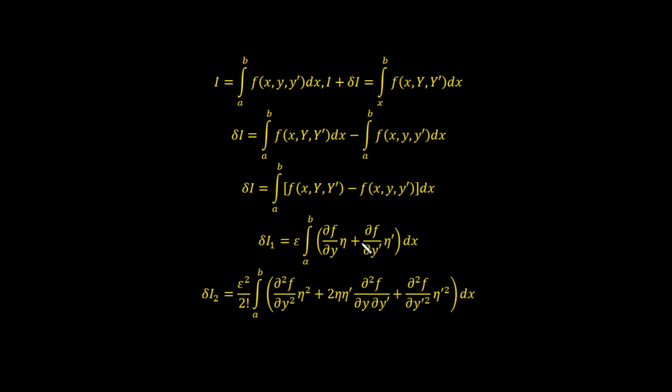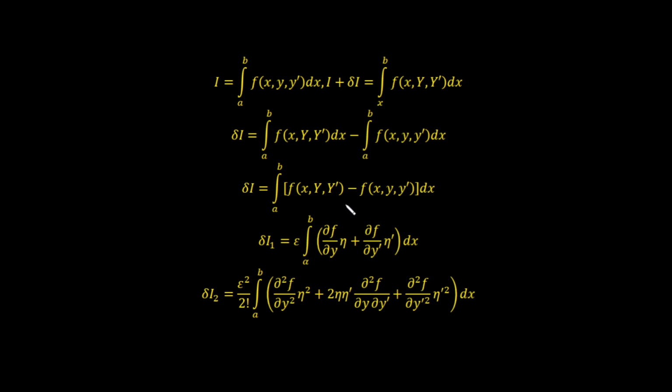And now what we've done is we've derived the second part of this Taylor series expansion, which is given by epsilon squared upon 2 factorial times the integral from a to b of what we've just derived in this video here. So we've got access to the two things in essence that we had originally been looking for. We've got our first variation and we've got our second variation.